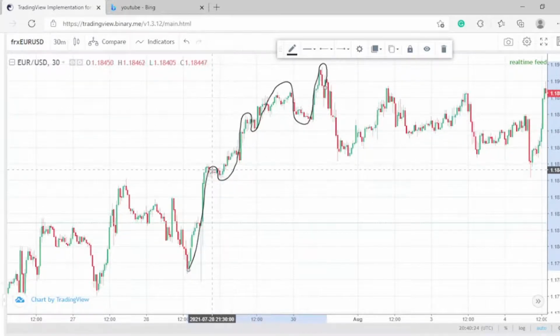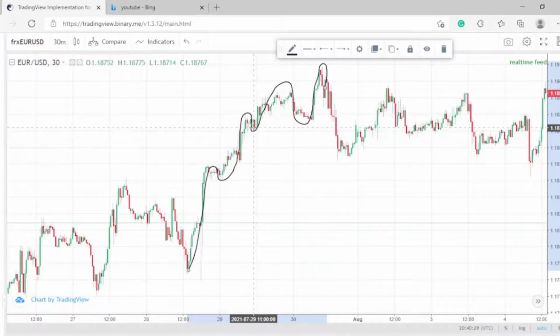And then on this side, you can see that there is a high, a higher high, a higher high, and a higher high. So basically the market is made of higher highs and higher lows.